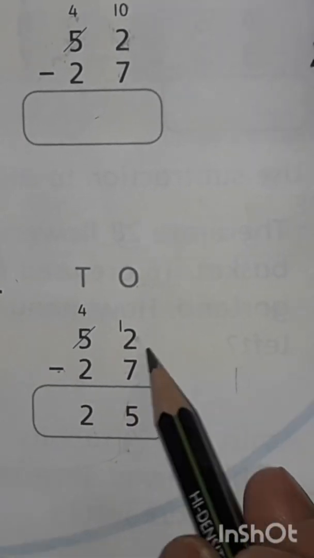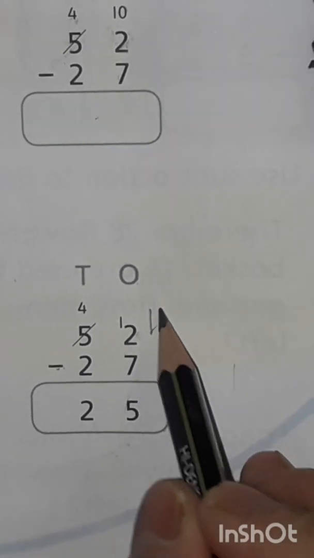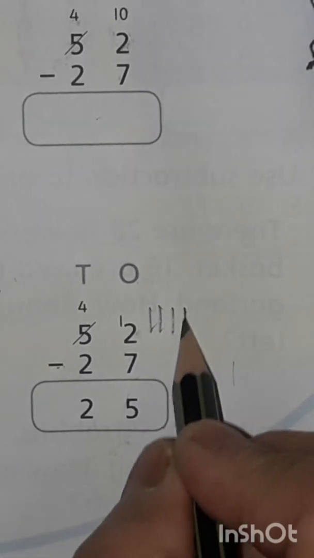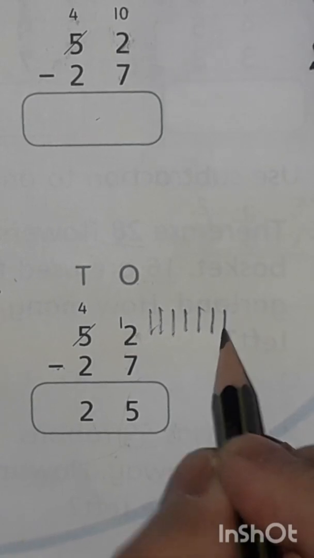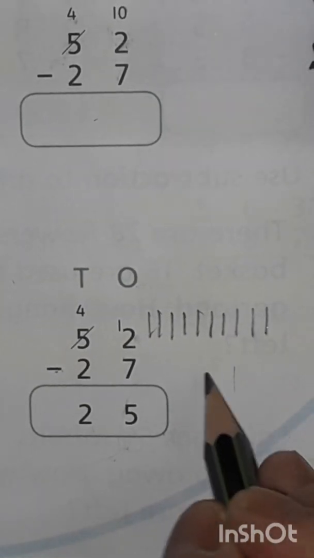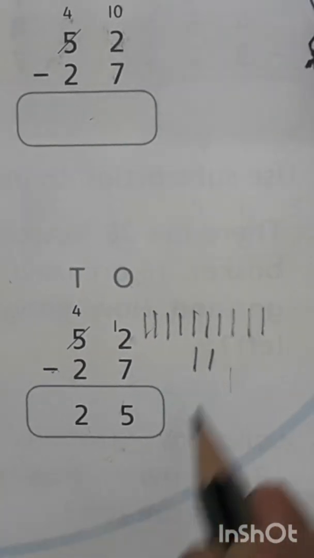We can't take away 7 from 2. So, we are borrowing, 12. 12 minus 7. Make 12 lines here. 1, 2, 3, 4, 5, 6, 7, 8, 9, 10, 11, 12.